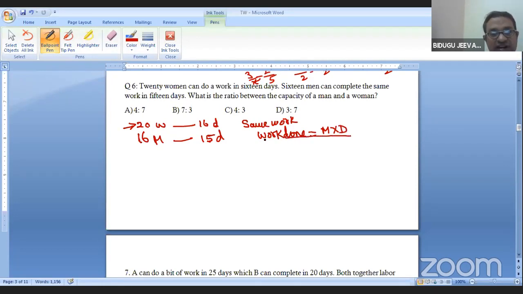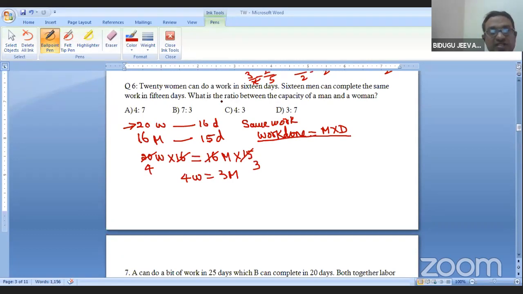This is called work done. So if these people can do the work in 16 days, the same 16 men can do the same work in 15 days. That means the work is the same, so I want the work to be equal. How to make it equal? 20 women into 16 days, the same work can be done by 16 men into 15 days. Is it clear? Now, 16 gets cancelled. 5 3s are 15, 5 4s are 20. So 4 women is equal to 3 men.